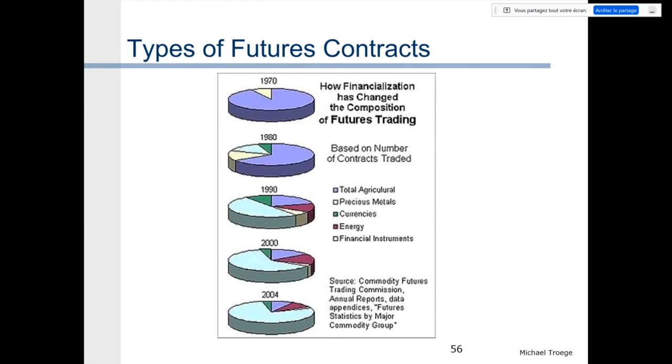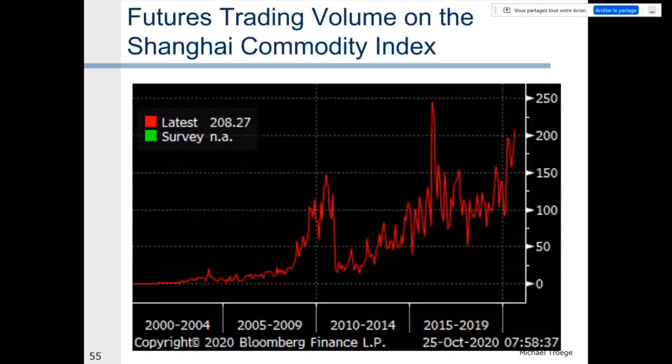The mechanism is very similar to what we described here for the commodity markets, but this is a class about commodity futures and not about financial futures. So I won't talk too much about this, but you should know that today the most important futures markets are actually not commodity futures, but financial futures.